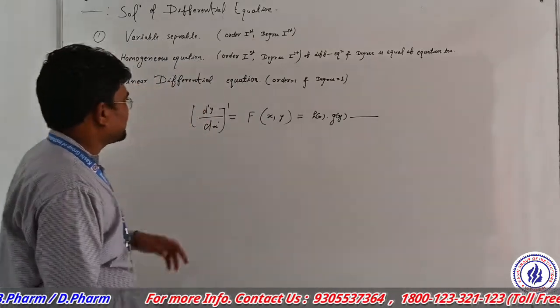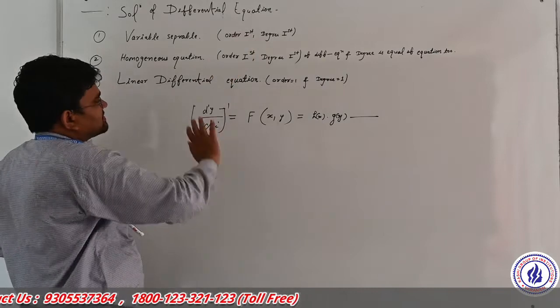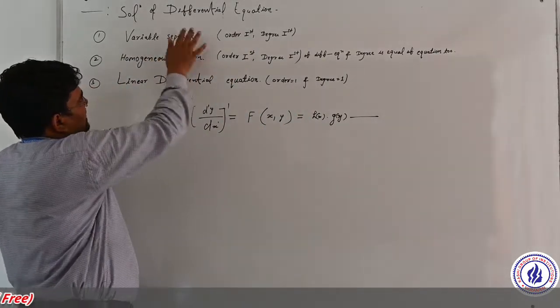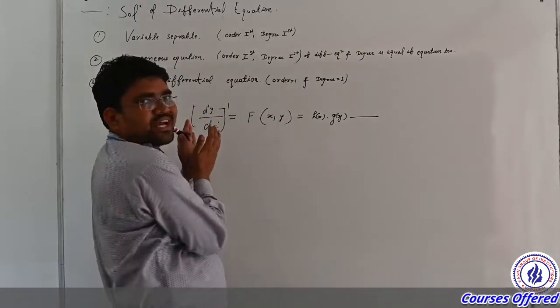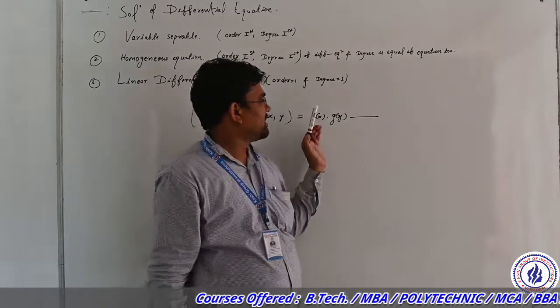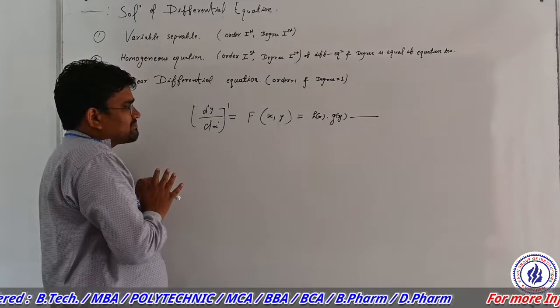Now we take the type or mathematical symbol of the variable separable method. Mathematically we will represent that point in this manner: dy by dx equals f(x,y) equals h(x) g(y). So why do we say this is variable separable?